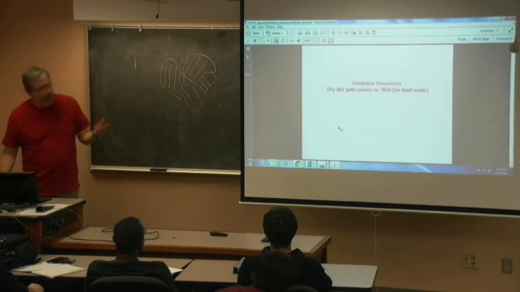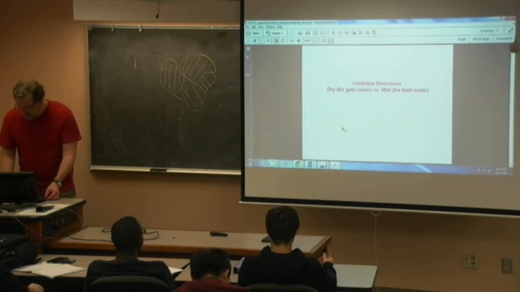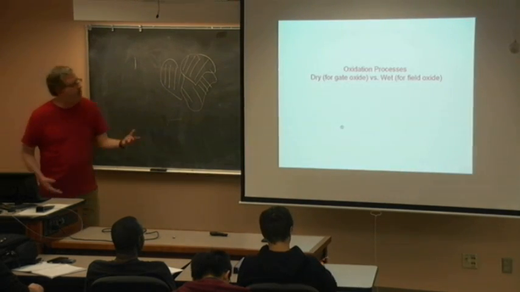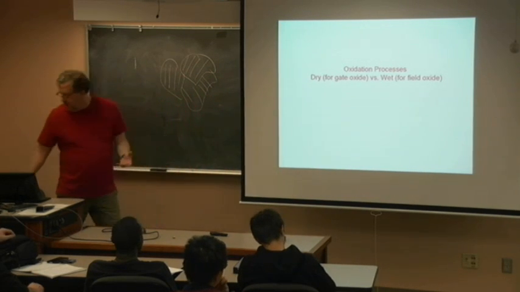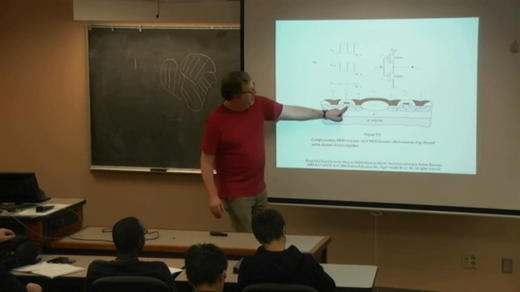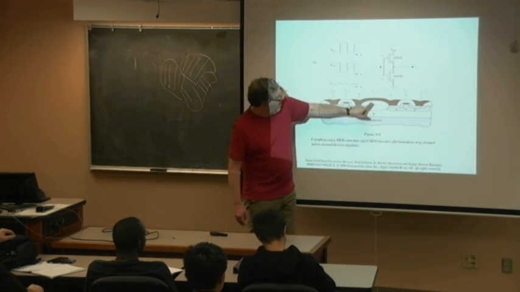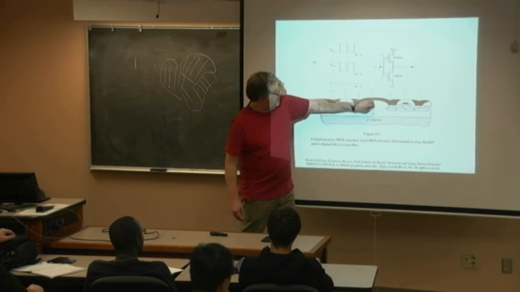Okay, this one is less important because this is going to be fodder for a take-home problem, perhaps. So I was introducing you to oxidation processes, dry versus wet, where the dry goes into the gate oxide, the wet perhaps goes into the in-between to isolate. It's just like rust.